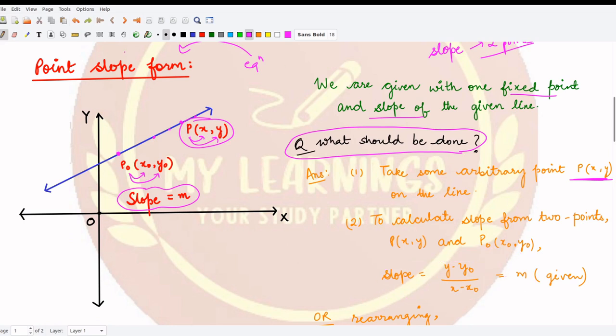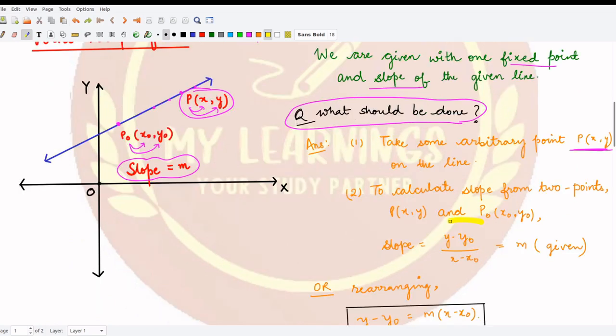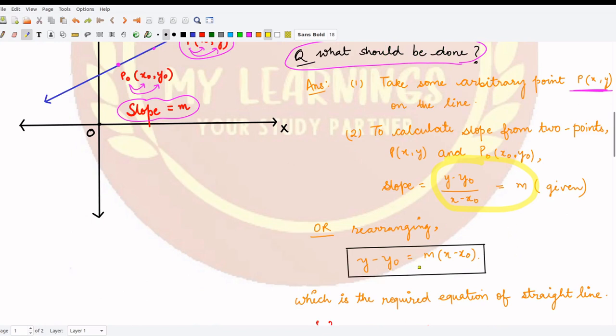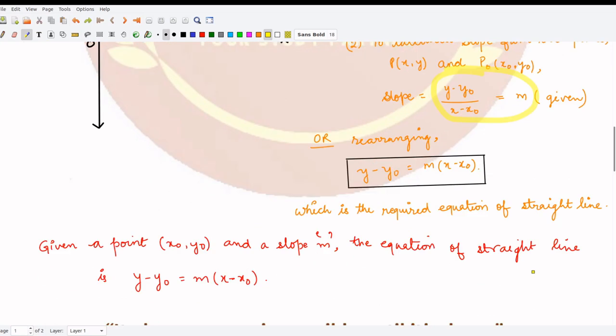So using this condition and rearranging the terms, shifting x minus x0 to the right-hand side, multiplying it by m, we obtain the equation y minus y0 is equal to m multiplied by x minus x0. Here y and x are arbitrary, they can take any value, and they will remain as such, while x0, y0 and m are given to be constant quantities, numbers which would be given to us. So this is the required equation of the straight line using the point slope form.